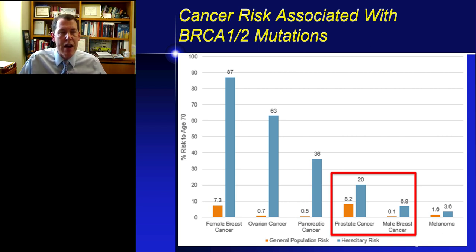It's not as pronounced as with breast cancer, but in the general population, lifetime risk of prostate cancer is 8.2, but that goes up to a 20% risk with a BRCA mutation. So basically, looking at it another way, there's a much higher risk of a patient who inherits a BRCA1 or 2 mutation to develop prostate cancer over their lifetime, and similar with male breast cancer.